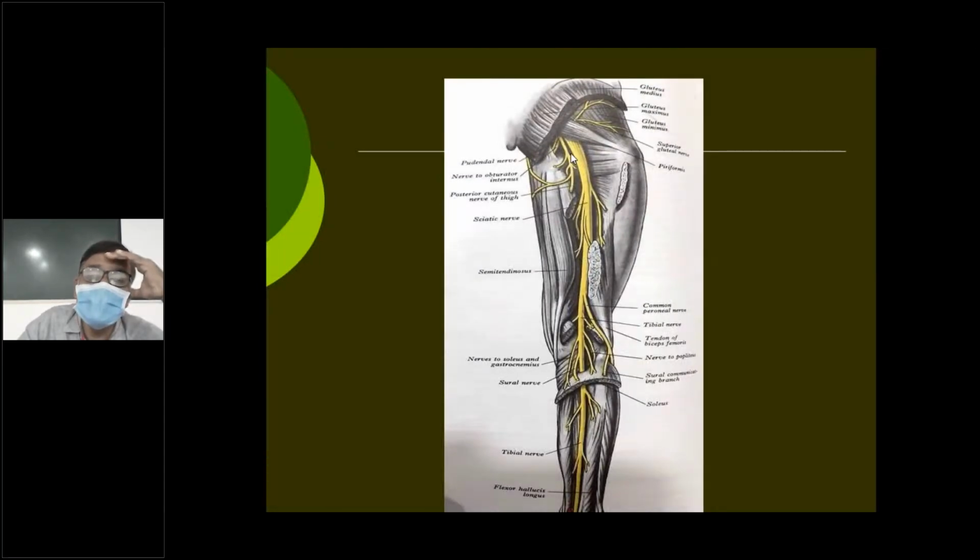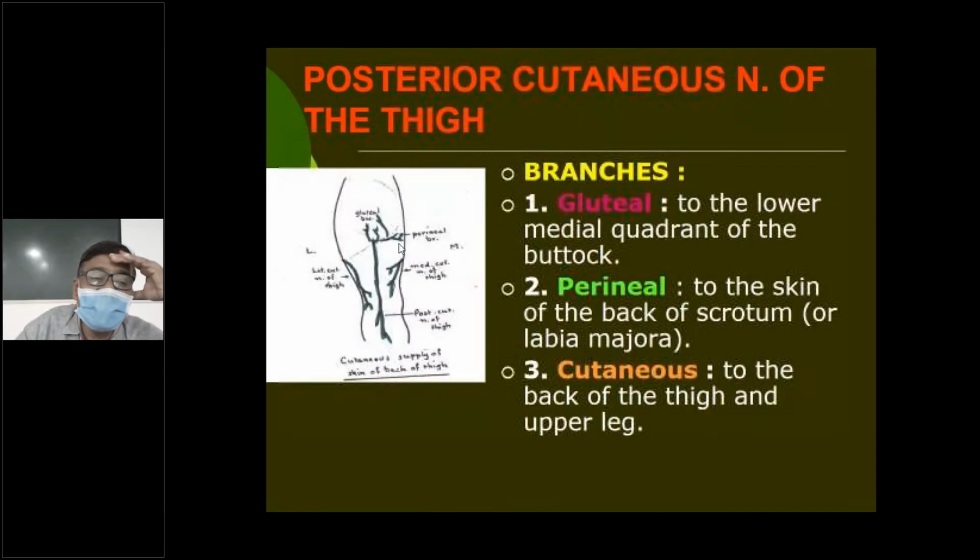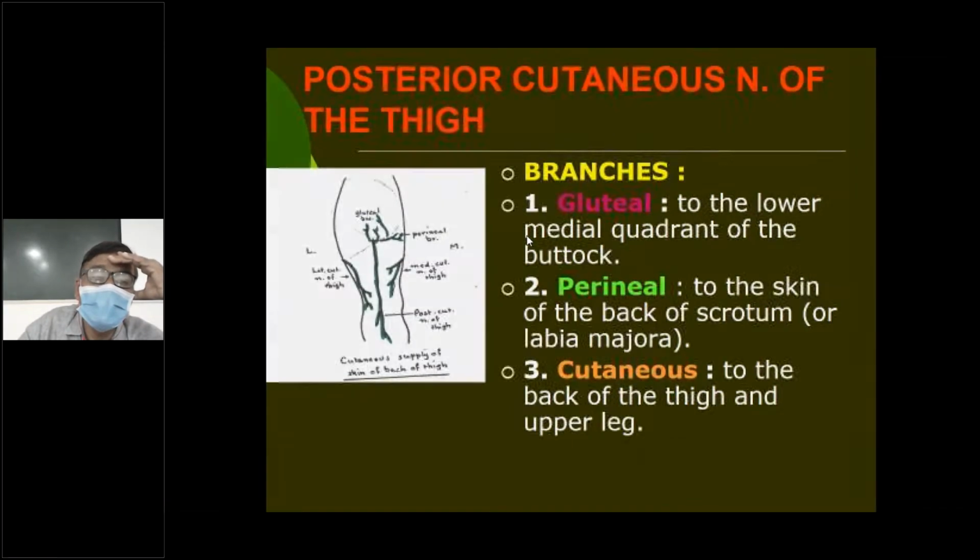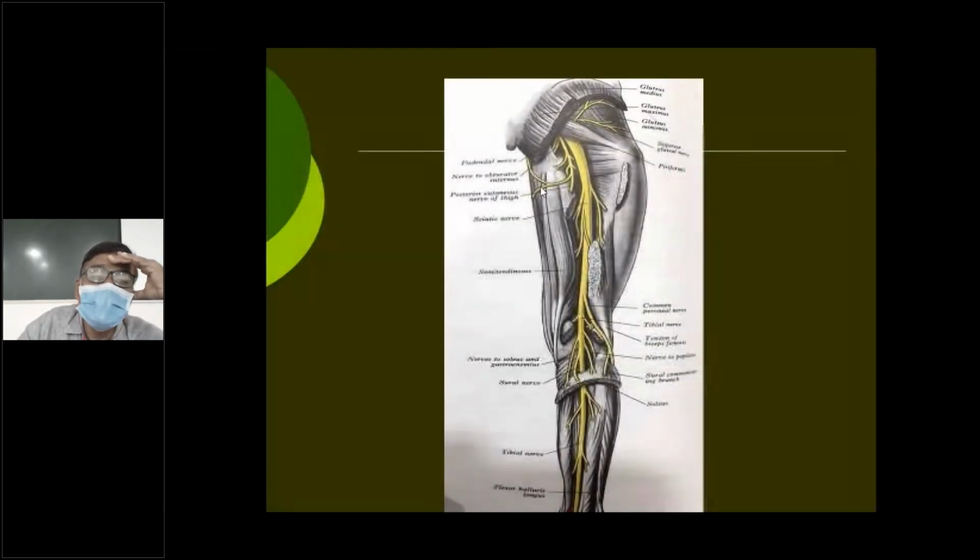In the gluteal region, it gives a few branches which recur back on the gluteus maximus. This I said yesterday. Some of the branches recur and supply the skin over the lower part of the gluteus maximus. So these are the gluteal branches. One branch passes medially to the perineum. That is called the perineal branch.